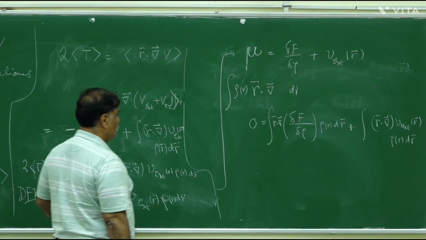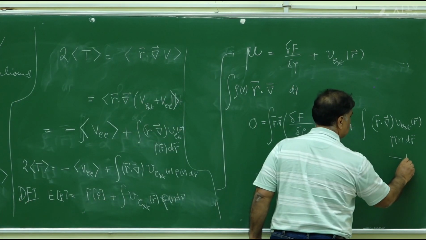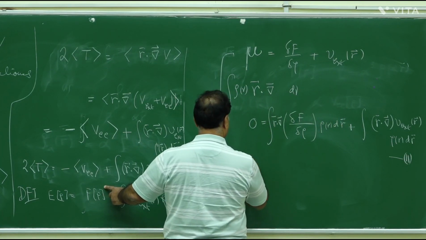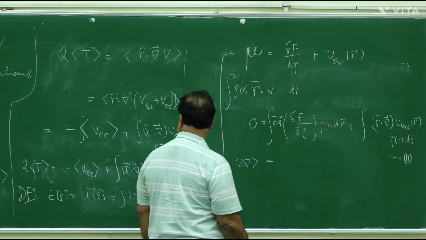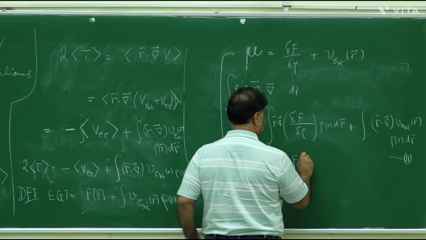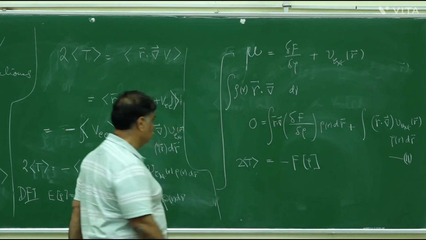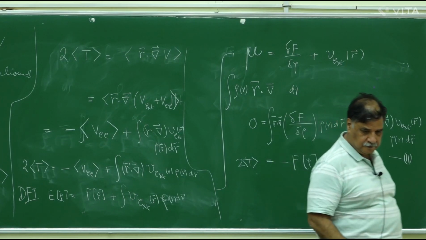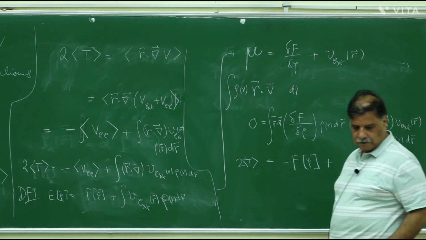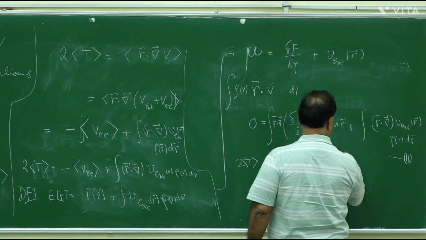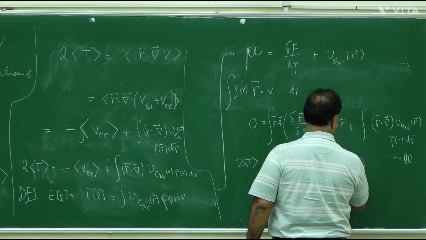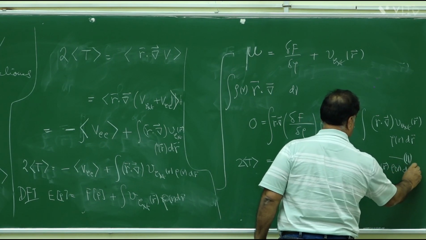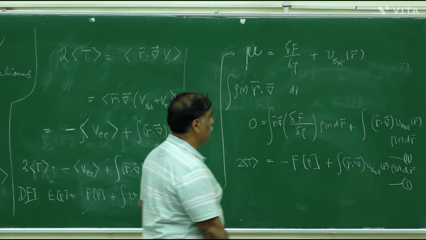So this is my equation number 2. Equation number 1 is right here: 2 T expectation value is equal to minus V_ee plus integration R dot del V external R rho R dr. Equation number 1.